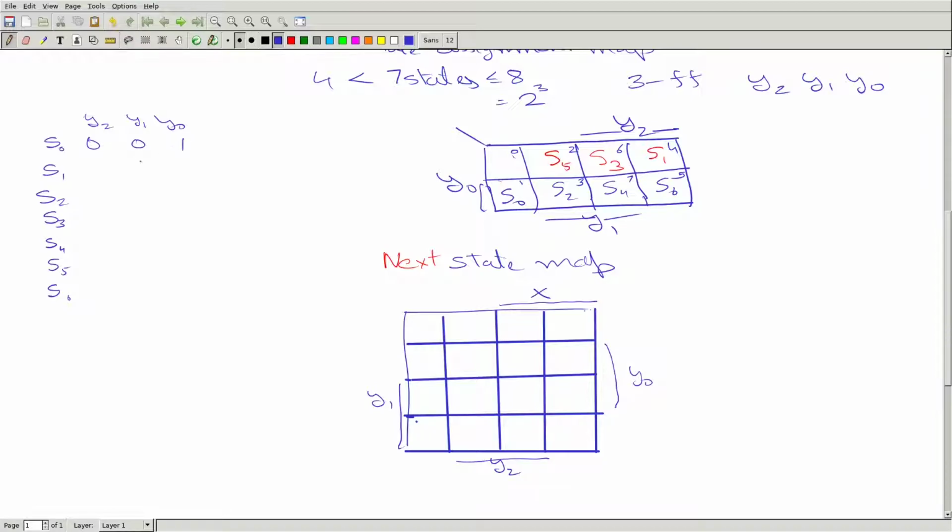So S0 is 0, 0, 1, S1 is 1, 0, 0, S2 is 0, 1, 1, S3 is 1, 1, 0, S4 is 1, 1, 1, S5 is, sorry, 0, 1, 0, and S6 is 1, 1, 0.